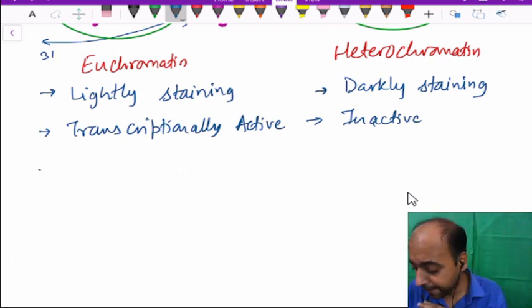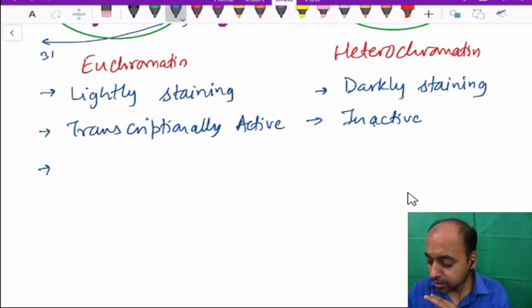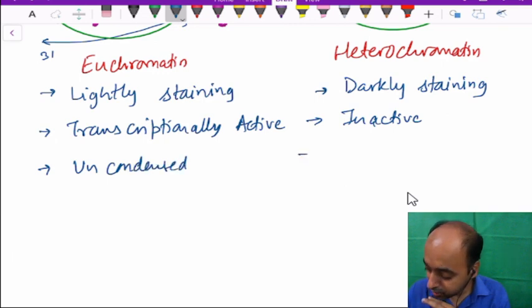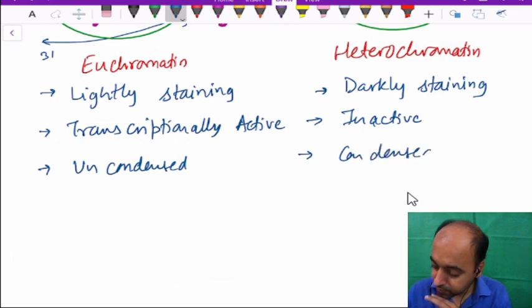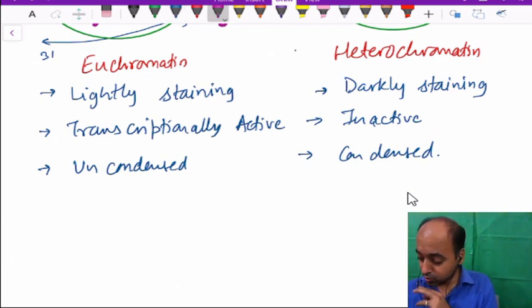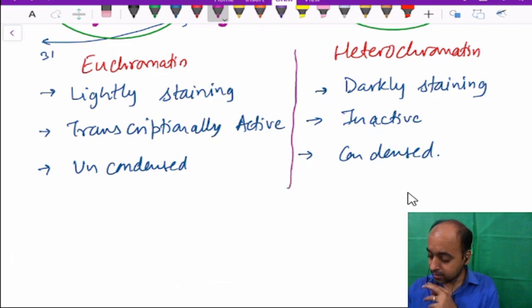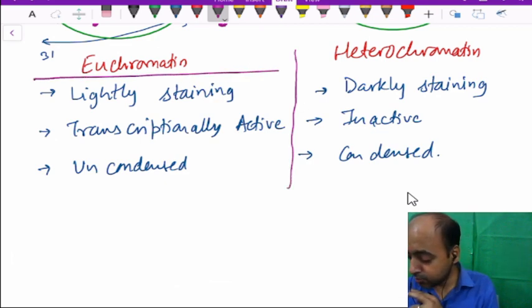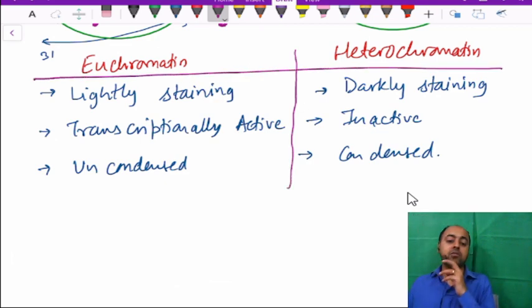And because it is transcriptionally active, the euchromatin is uncondensed, whereas the heterochromatin is condensed. So these are the three important features to distinguish between the euchromatin and the heterochromatin.